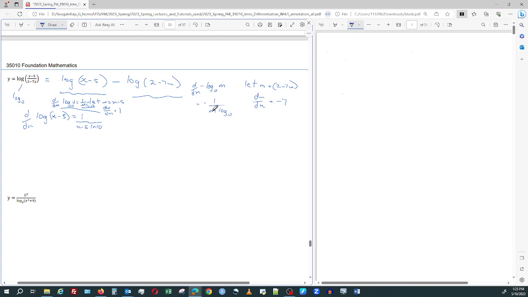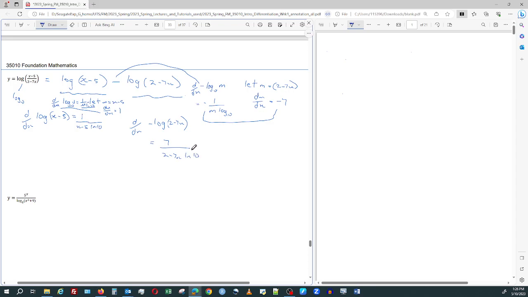Now that's an interesting chain, isn't it? Because that minus came about from being in the logarithmic sum, so we're going to end up with a plus. So when we d/dx of minus log(2 − 7x), we end up with plus 7 over (2 − 7x) log 10.